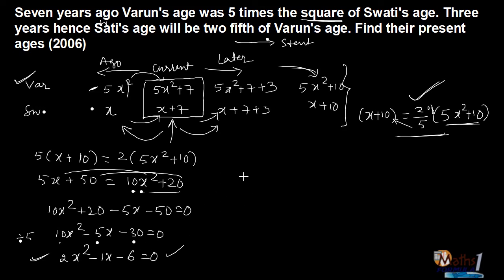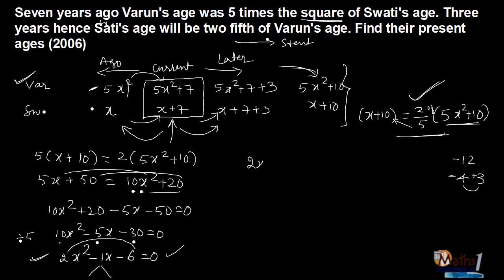So now once you get this, splitting the middle term, 2 times 6 is 12, which is minus 12, minus 6 is there. So I can see 4 and 3 will make 12, and 4 minus 3 will give me 1. But I need minus 1, so the larger number I am going to put with minus and the other with plus.